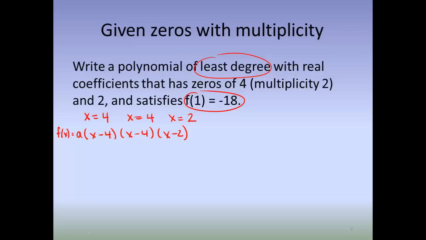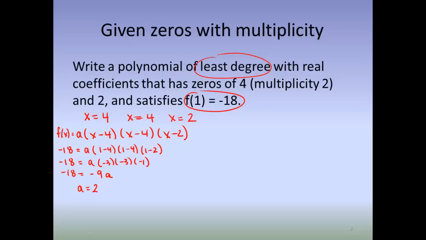So negative 18 equals a times 1 minus 4 times 1 minus 4 times 1 minus 2, or negative 18 equals a times negative 3 times negative 3 times negative 1, or, continuing, we get negative 9a, and a equals 2.